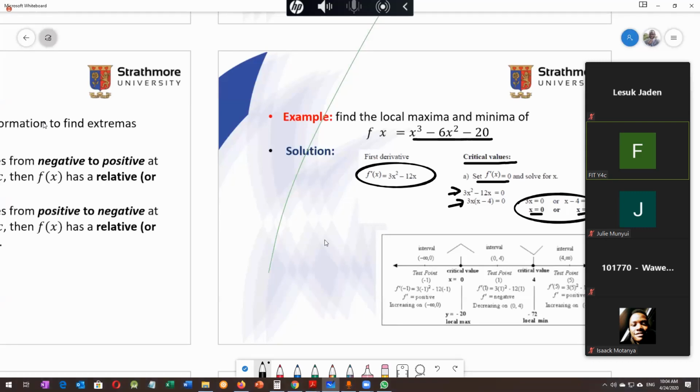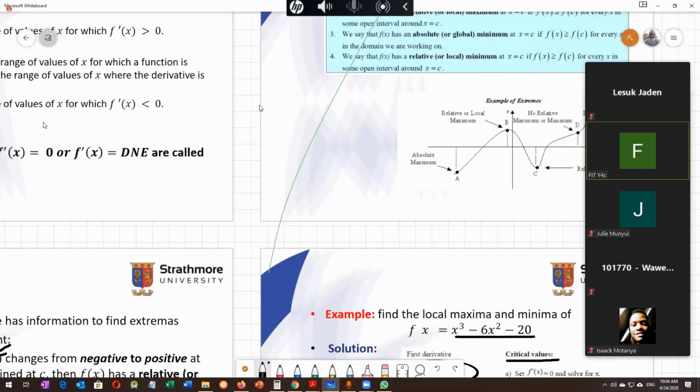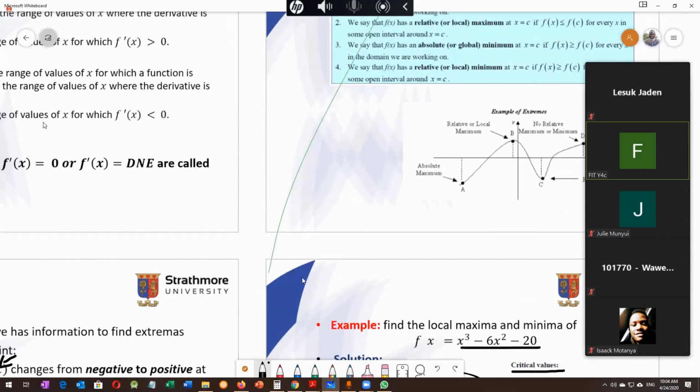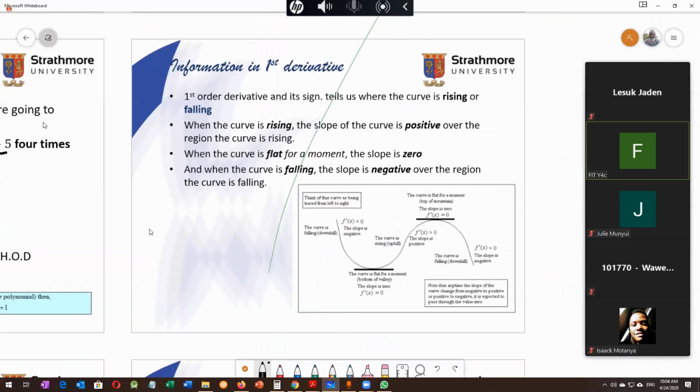That's going to be important. So why is 0 important? Because we actually get the slope of the curve. And when the curve is flat, there is no slope. So you can write, there is no slope on a flat curve. So these places where there is no slope, these are the places of interest.